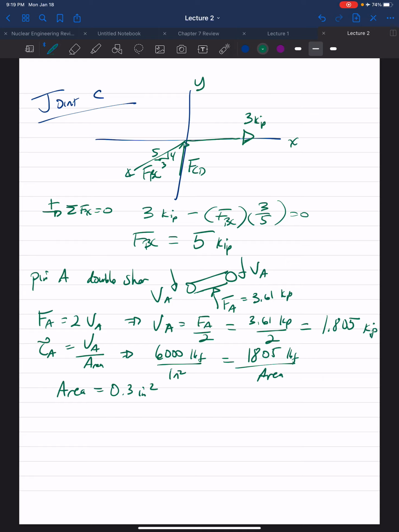Since they gave you the diameter, you know area for a circle is pi over 4 d squared. So pi over 4 d squared is 0.3 inches squared.